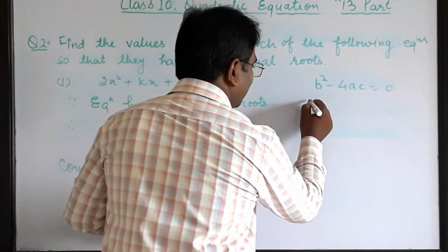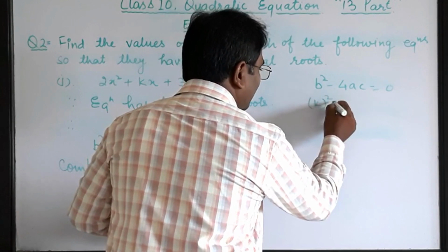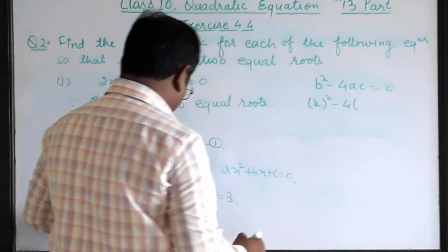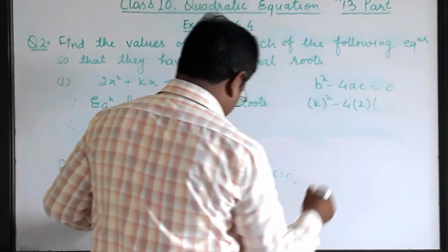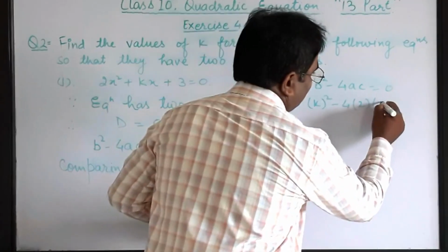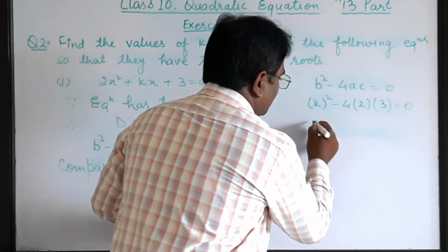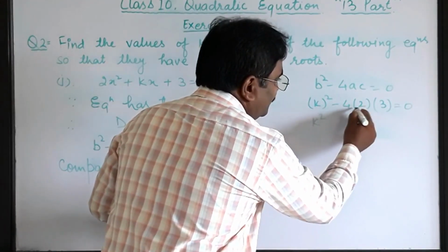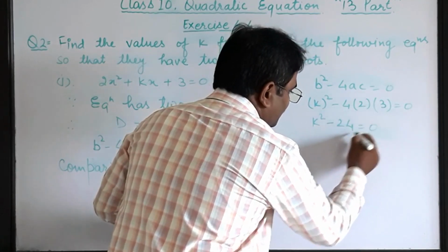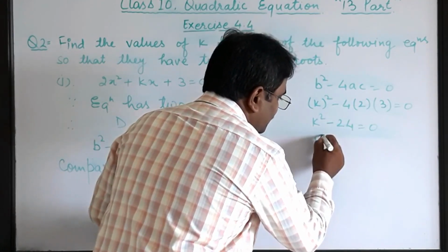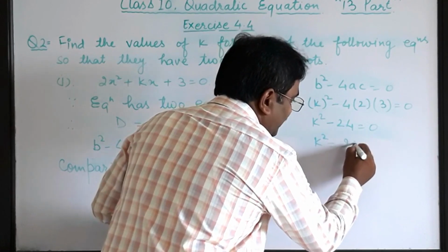As b is k, so k square minus 4 into a is 2 and c is 3. Substitute here. So k square, 4 2s are 8, 8 3s are 24. So minus 24 equals to 0. So k square equals to 24.